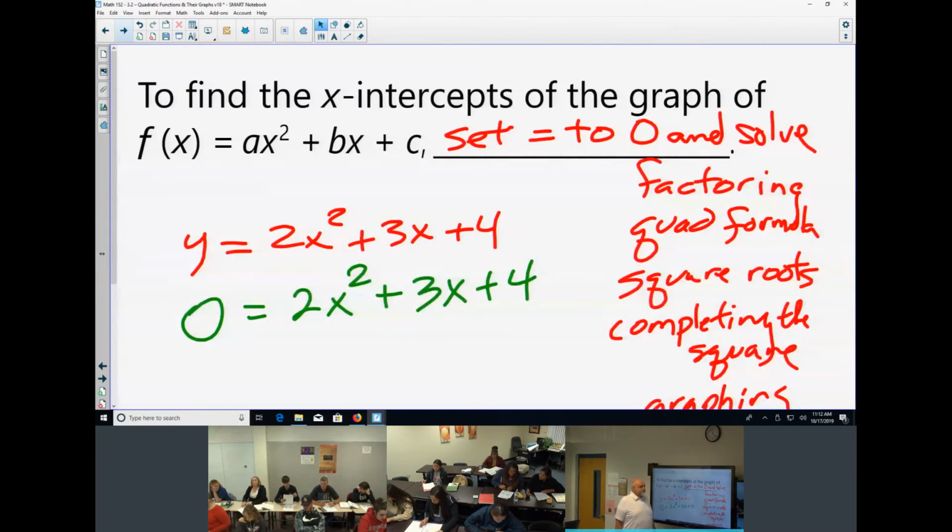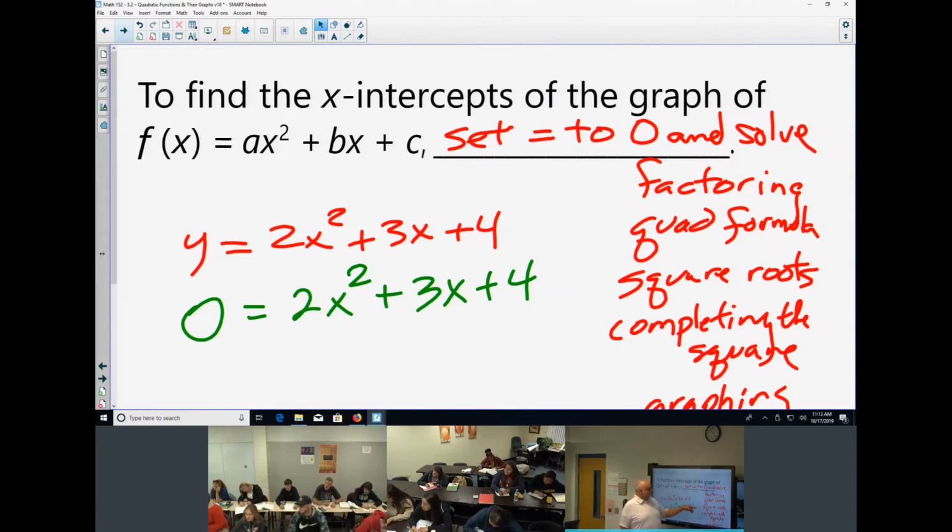Okay, so to make the graph more accurate, we can find more points. Probably the most commonly found points are the x-intercepts. To find the x-intercepts of the graph of f of x equals ax squared plus bx plus c, you set it equal to 0 and solve.